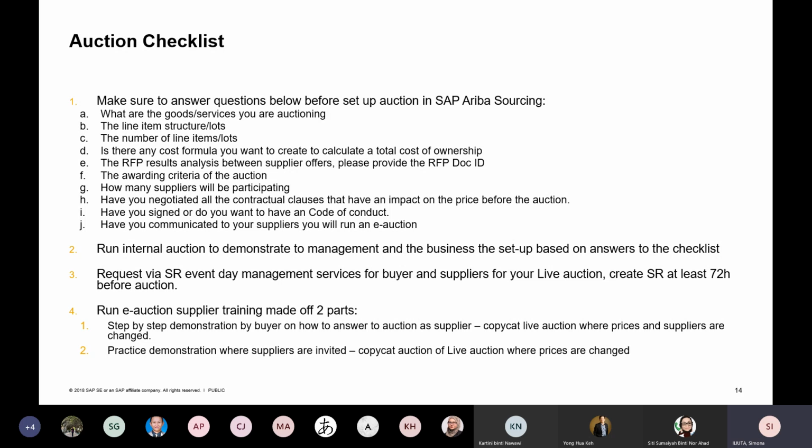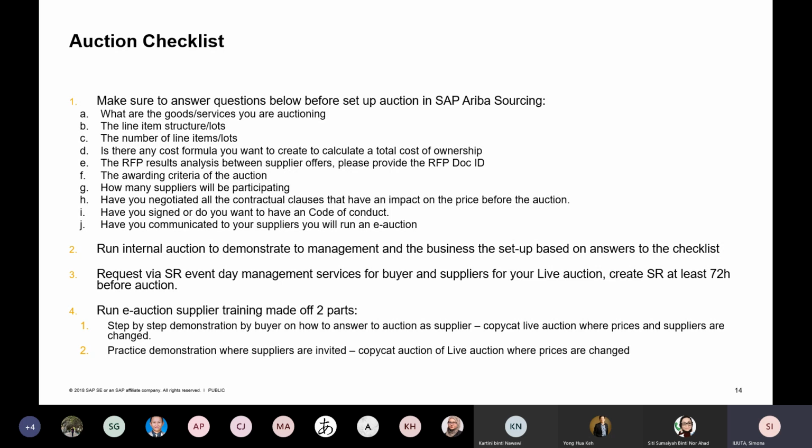So here you typically need 2 people from the organization, where 1 person shows on the screen what is happening from the supplier side, and you begin from the invitation email. And then behind the screen, you have another person who will place the bids that will change the screen that you are showing in real time.